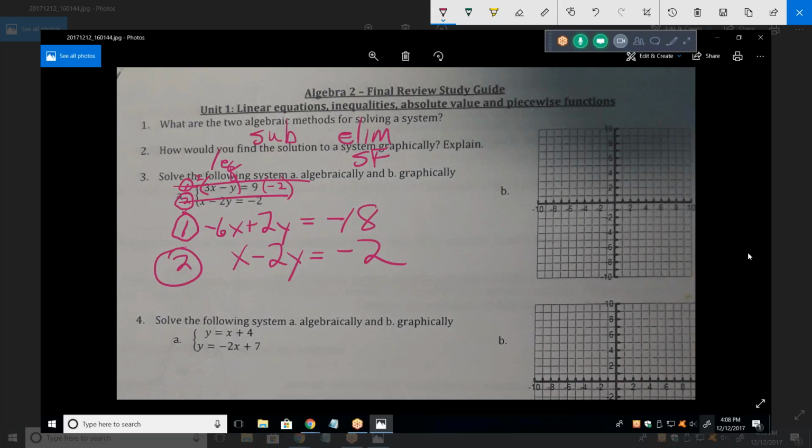How can I eliminate a variable? By adding or subtracting. Yep. You can either add or subtract. But I'm not going to eliminate a variable if I subtract. If I add these two equations, the y's will go away. So what am I left with? Negative 5x equals negative 20. x equals?